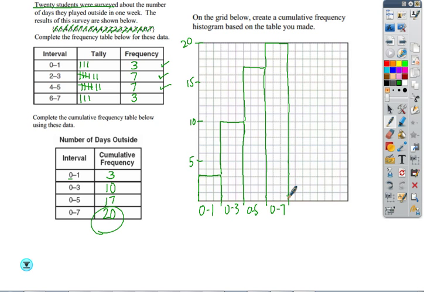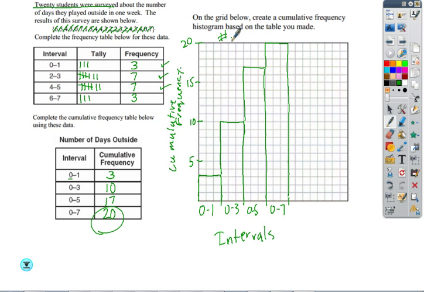Okay, and you just want to label your graph. You're going to say that these are your intervals and that this is your cumulative frequency. Right? And this graph is about the number of days students played outside.